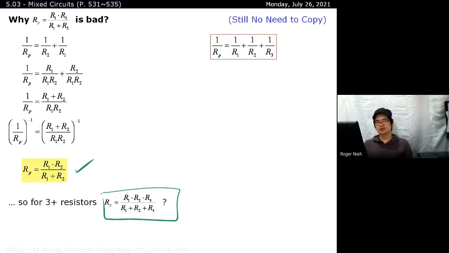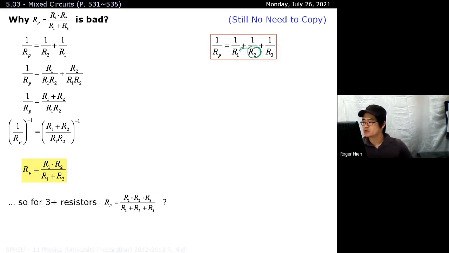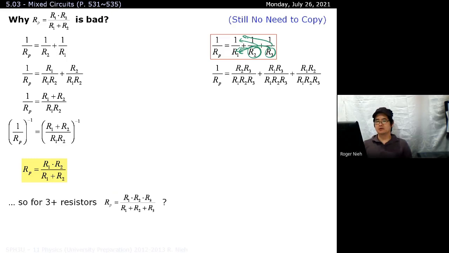So to prove to you that's not the correct answer, let's go off and derive the proper formula, and then you can compare and contrast. So this time around, we're going to start off with 3 resistors in parallel. Again, the only way that you can add all these 3 terms together is if they share the same denominator. So in other words, R1 needs to be multiplied by R2 and R3, and we need to do R2 and R3 in the numerator, like so. And yes, we're going to rinse and repeat for all the other terms.